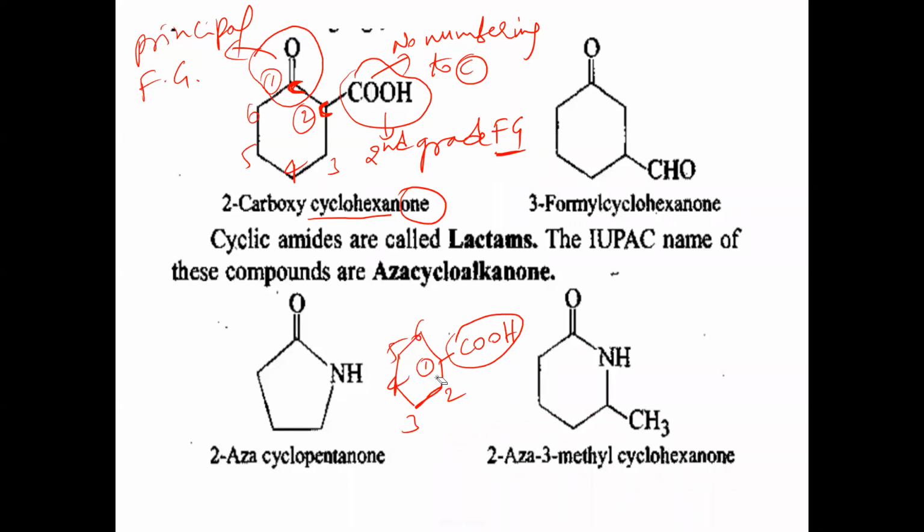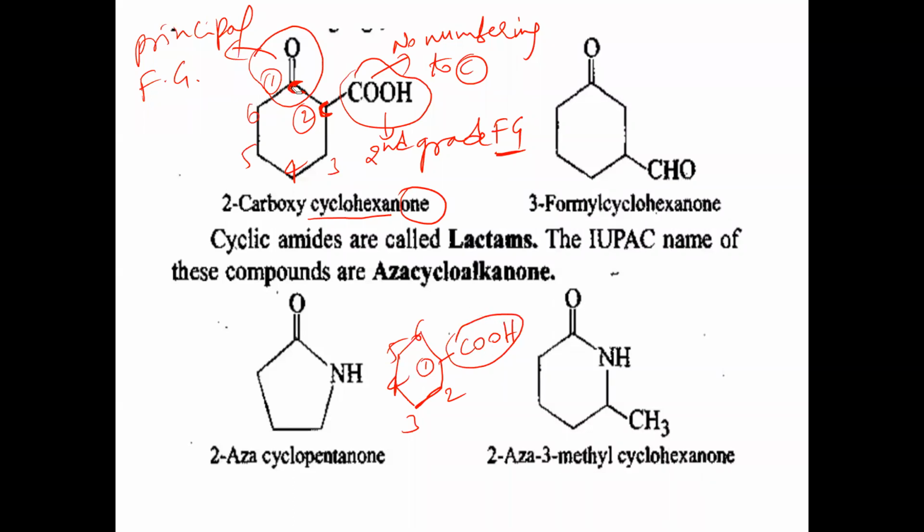Wherever the COOH is attached, a carbon-containing functional group is attached. In this case, for COOH, which name do we have to use? Carboxylic acid. A special secondary suffix name should be used here.